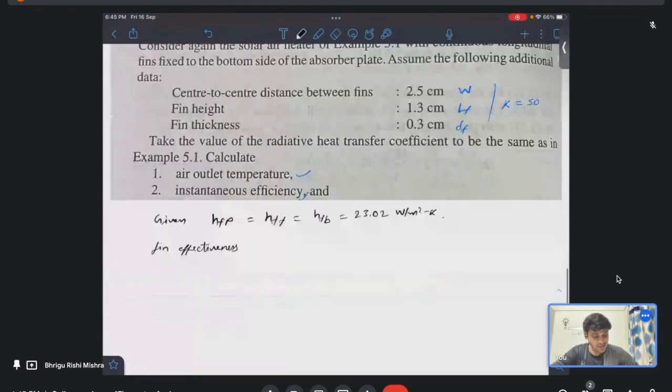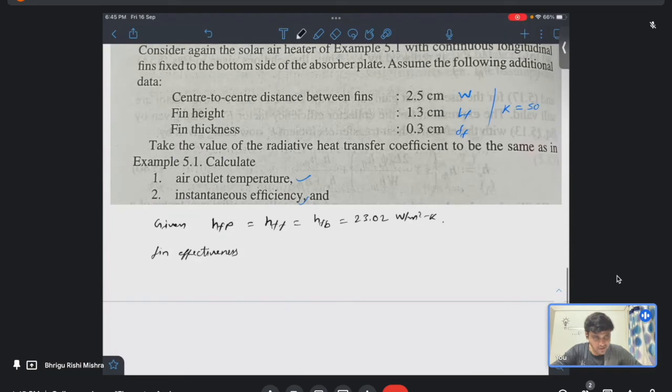So for this case we need to assume a higher mean temperature, since longitudinal fins have been fixed. So we can assume 60 degree mean air temperature.